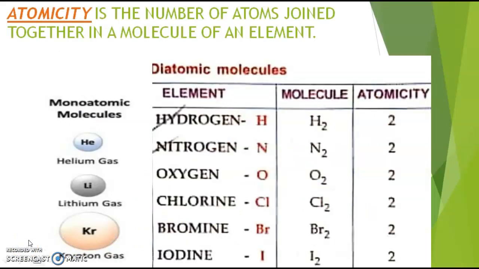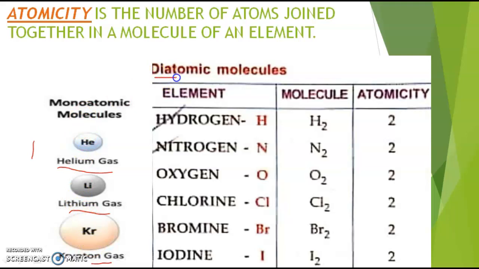Now let's start atomicity. What is atomicity? The number of atoms which combine together and form a molecule is termed atomicity. That means how many atoms are combining and forming a molecule. For example, monoatomic, I've told you mono means one. So the atomicity of these molecules, that is helium, lithium and krypton, is 1 because only one atom is present in the molecule.